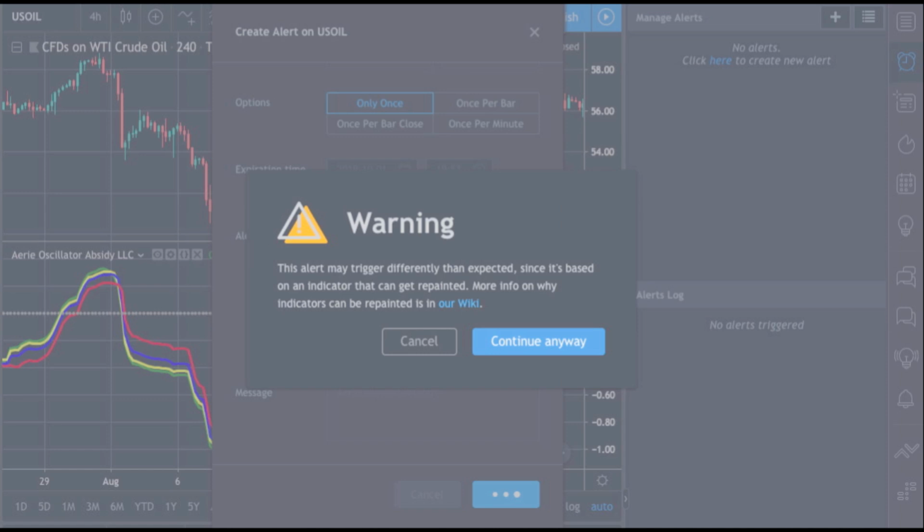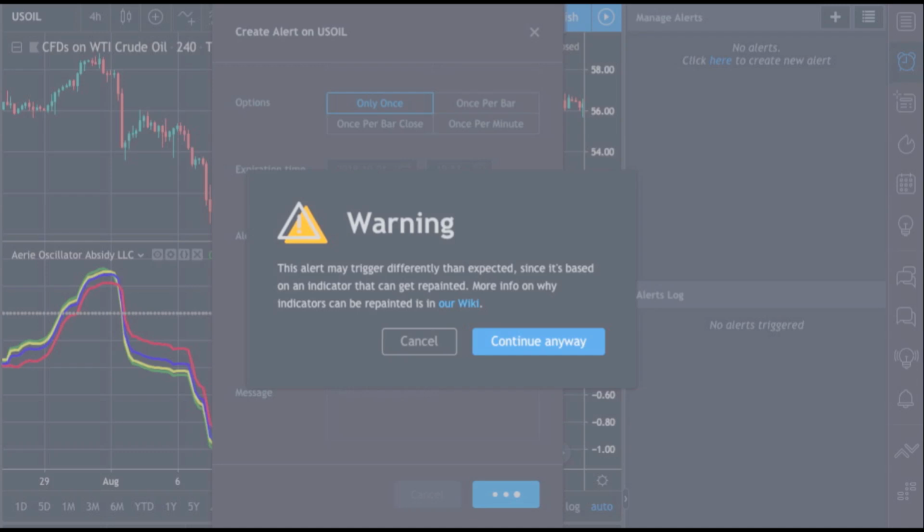When you click Create, you'll have this message that shows up that warns you that this indicator can repaint. Just to be clear, this indicator and no other indicator created by Absidy LLC is capable of repainting. Our indicators never repaint. The reason that you're getting this message is because of the security function that locks our codes when you do not have the correct security code.